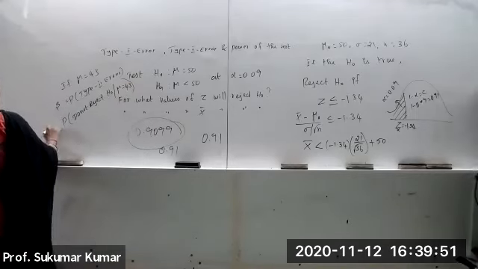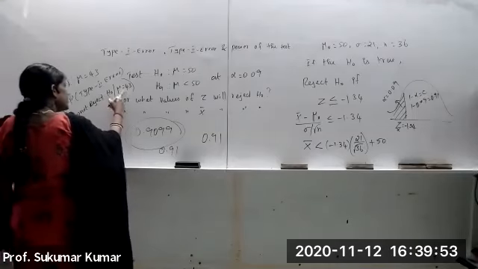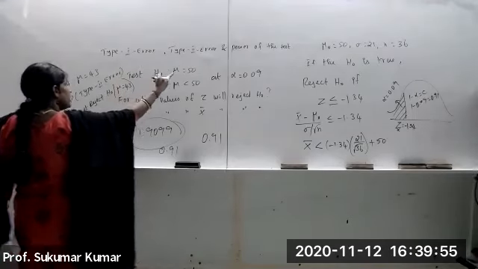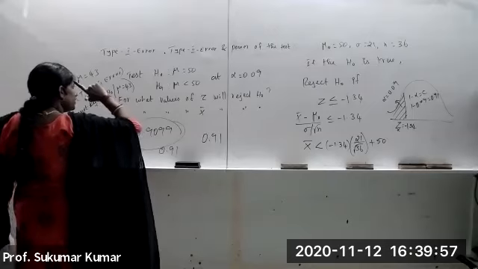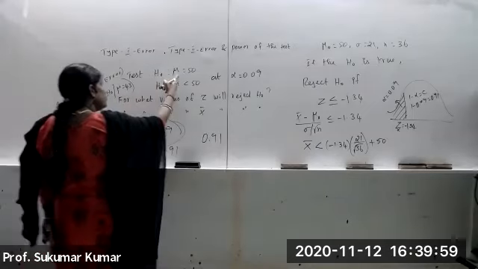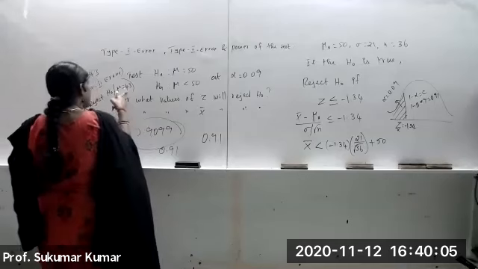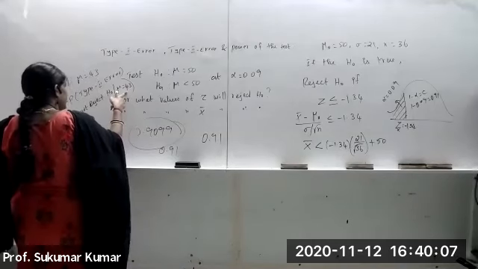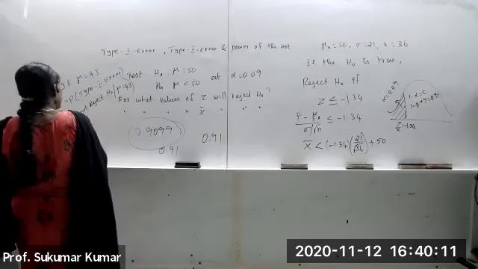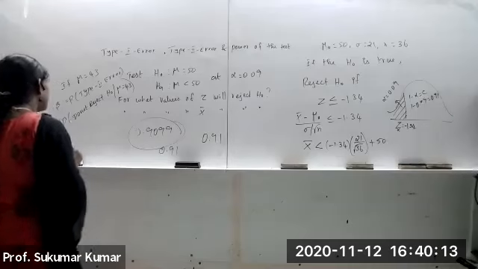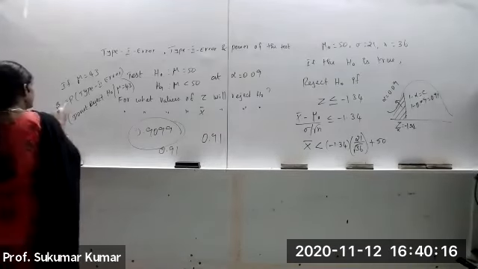This is your beta. Our H naught is mu equal to 50, but here mu is 43, so H naught is false. When it is false and we do not reject H naught, that is an error, a type 2 error.